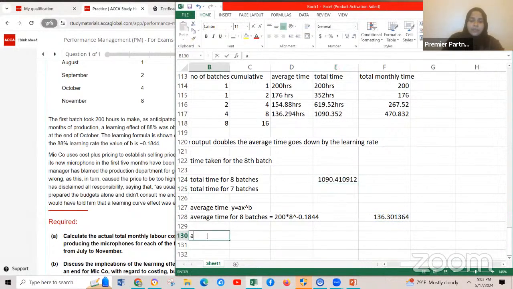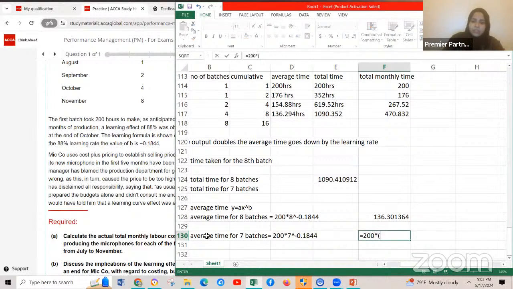Then average time for 7 batches. So total time for 7 batches will be average time into 7.